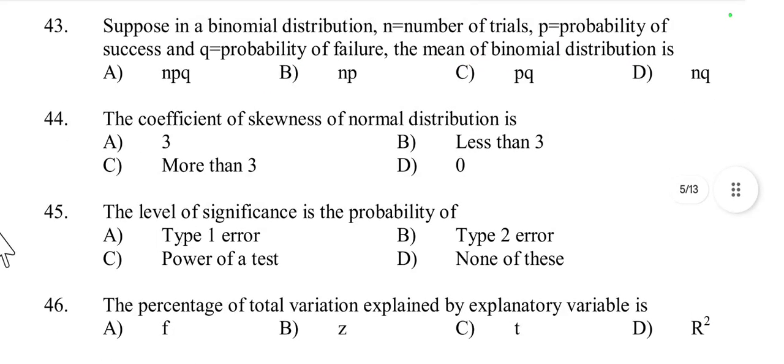Then question number 44. The coefficient of skewness of a normal distribution is 3, less than 3, more than 3, or 0. The coefficient of skewness of a normal distribution is 0, option D, because the normal distribution is symmetric, not asymmetric.